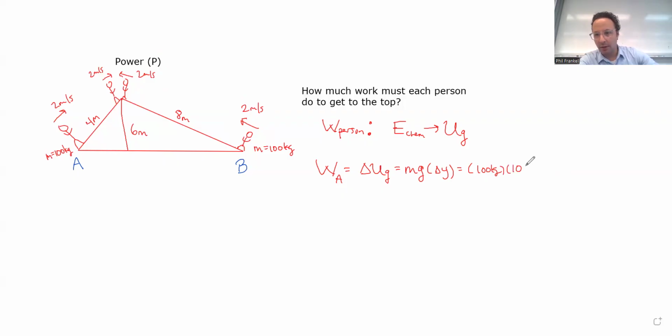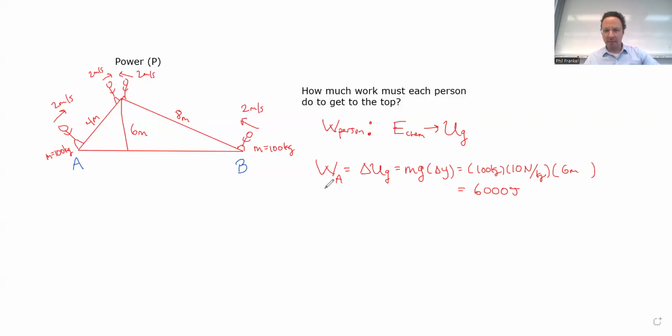The Earth's gravitational field is approximately 10 newtons per kilogram. And I can see from the picture the height that person A rises is 6 meters. And this gives us 6,000 joules of work. So person A does 6,000 joules of work. Their chemical energy drops by 6,000 joules. Their gravitational potential energy rises by 6,000 joules.